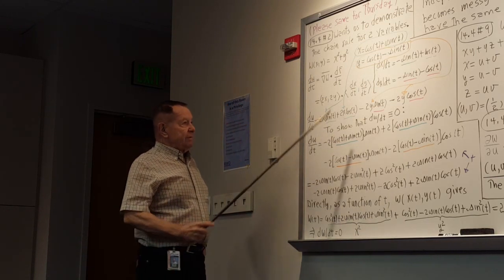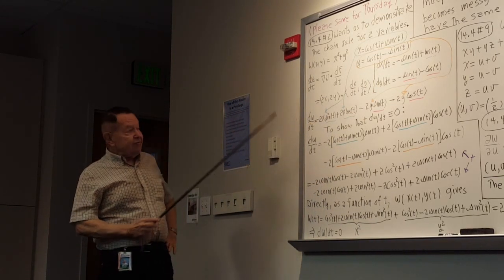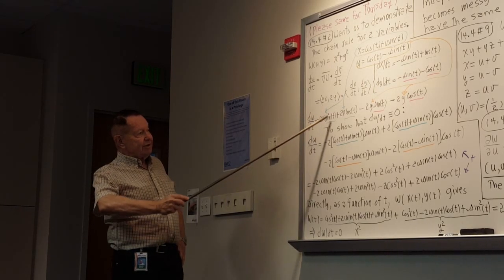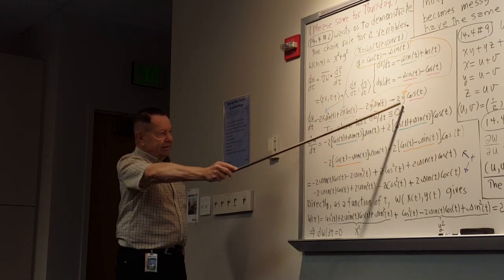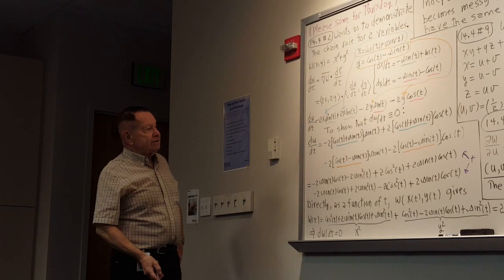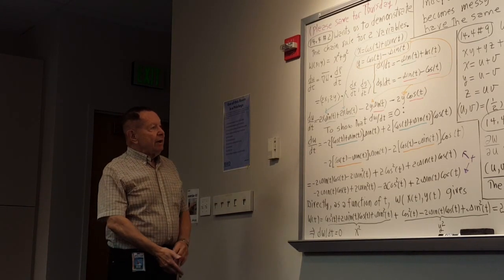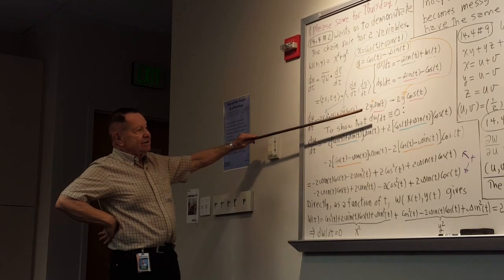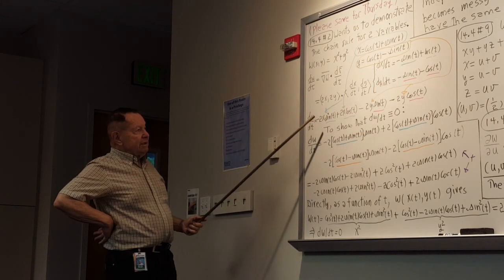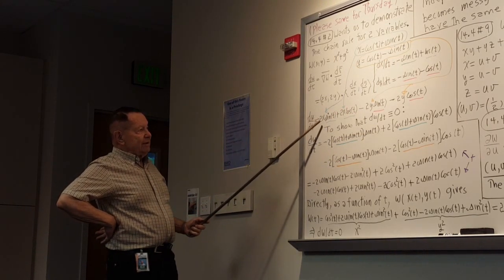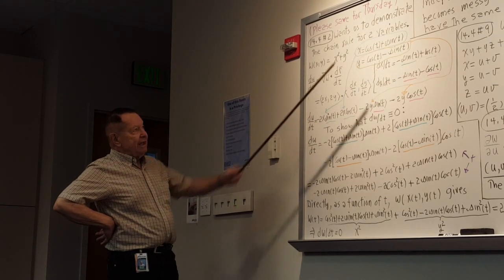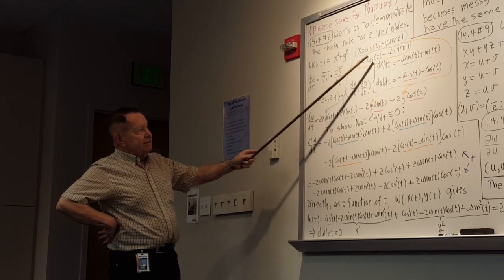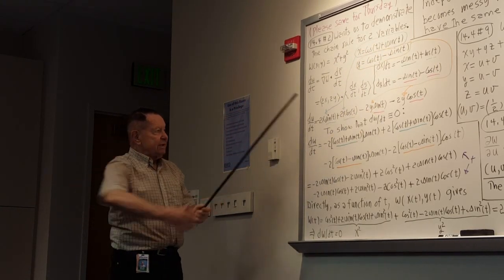Okay, so now you're still not finished. You see, this is dw/dt, but you still have x here and there, and y here and there. And what it wants is that you get it, what we're finally going to have is that dw/dt is 0. And to see this, we now need down here to replace the x in terms of sine and cosine, and the y in terms of sine and cosine.